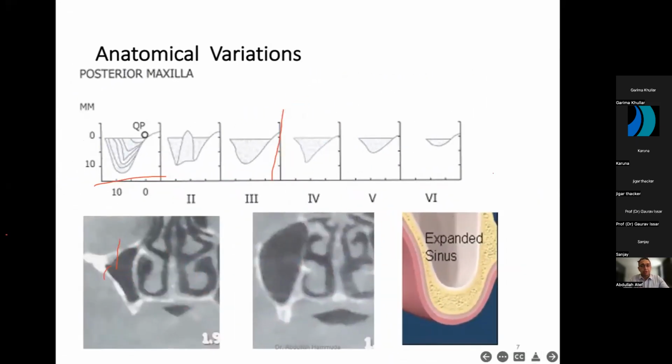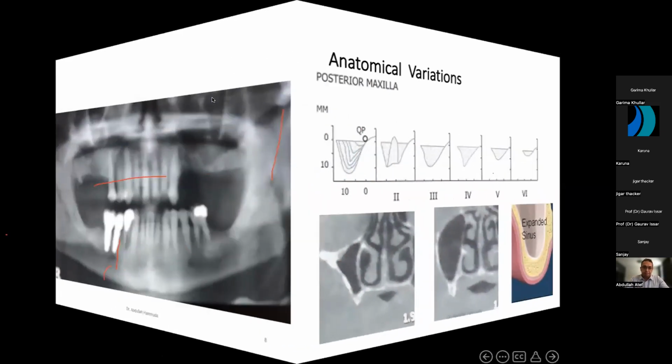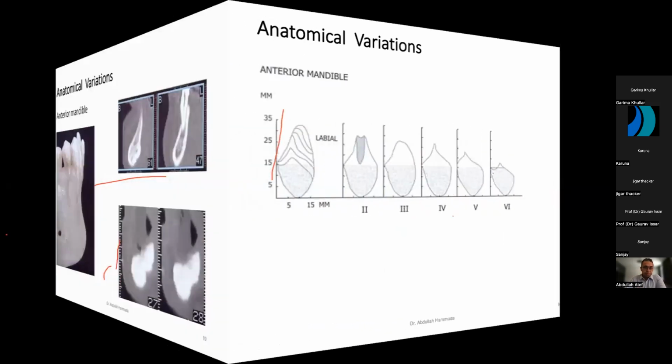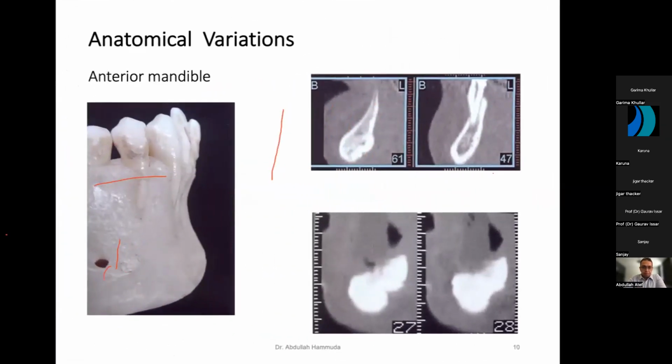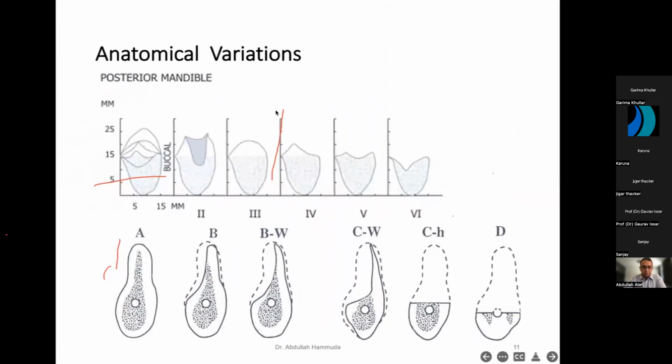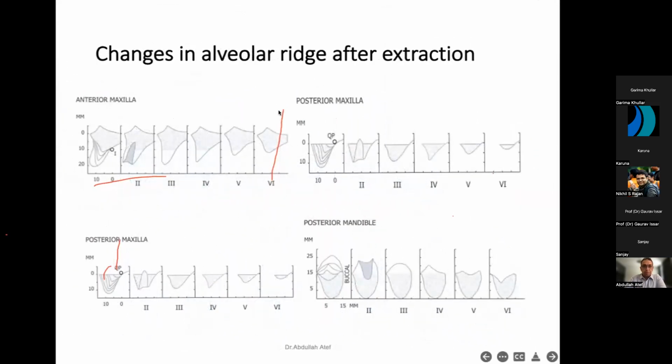Consequently, bone position, implant position, and then prosthetic restorations differ. So the change in the alveolar ridge after extraction modifies the normal treatment planning procedures.